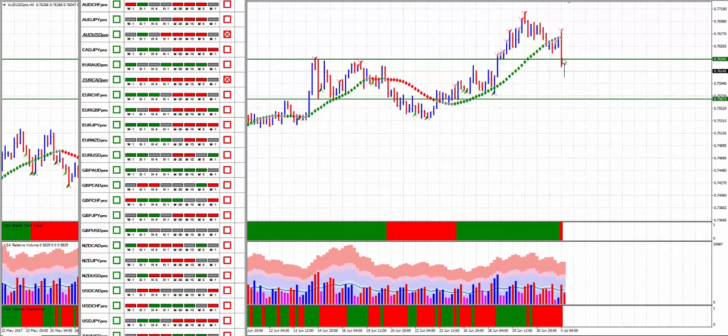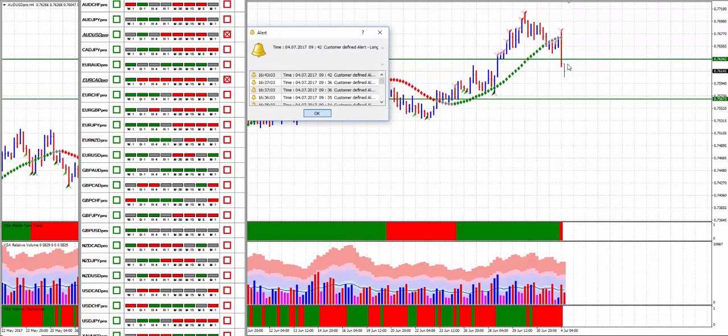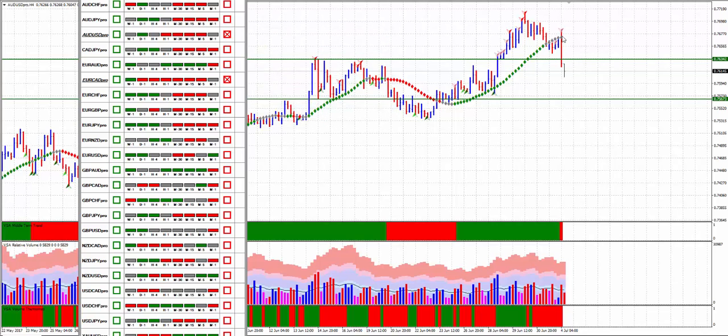If we get signs of weakness here, I'd much prefer seeing a no demand after we have a trap up move. If we do get a no demand signal, then that's a perfect opportunity to go short with this currency pair.